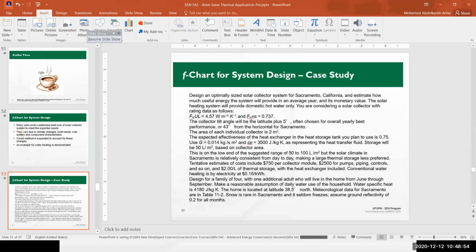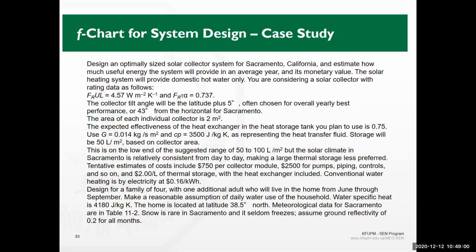It is 4.57 and the FR tau alpha is 0.737. The collector is tilted at the latitude plus 5, which is often used for overall year performance.